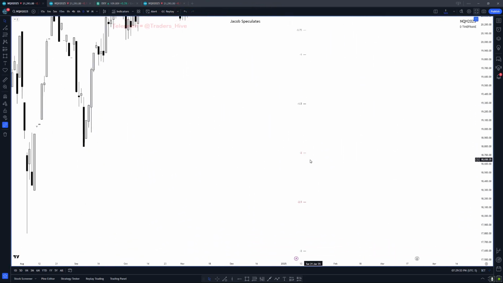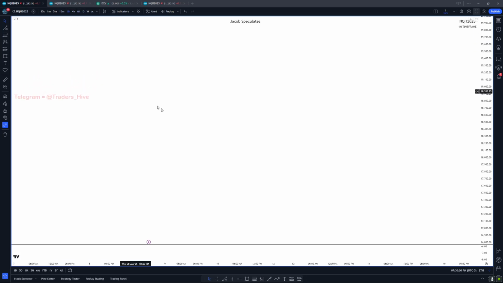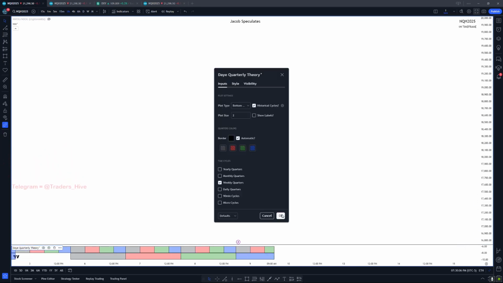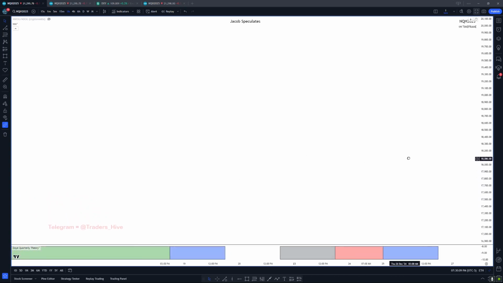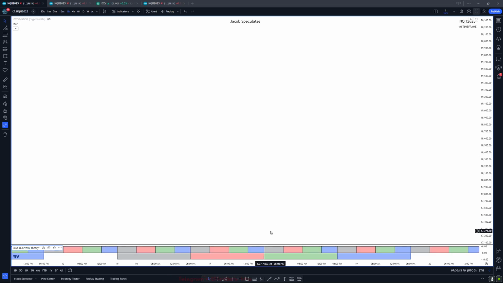So generally, to know, you'll have that initial SMT on your higher time frame cycle, and then you'll have that gap.